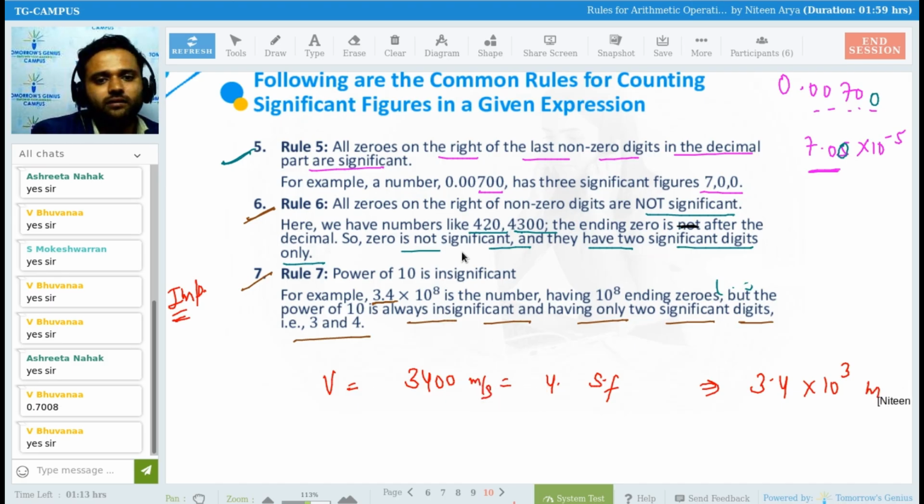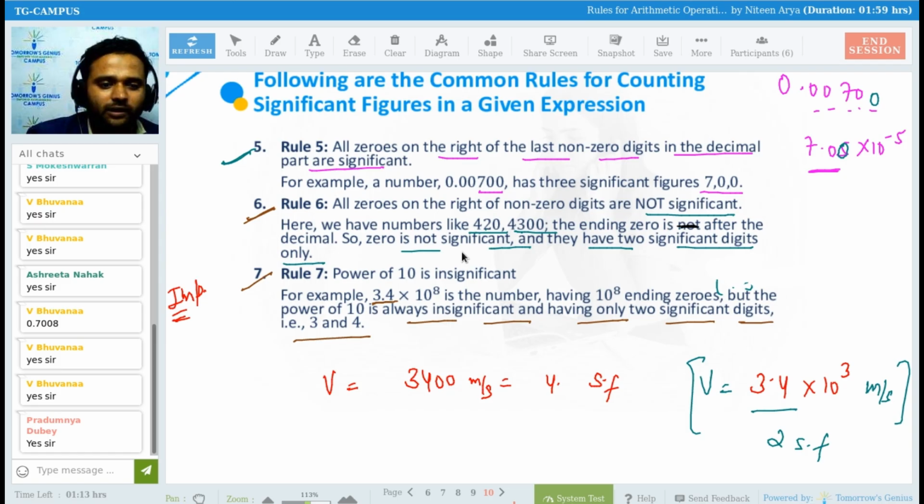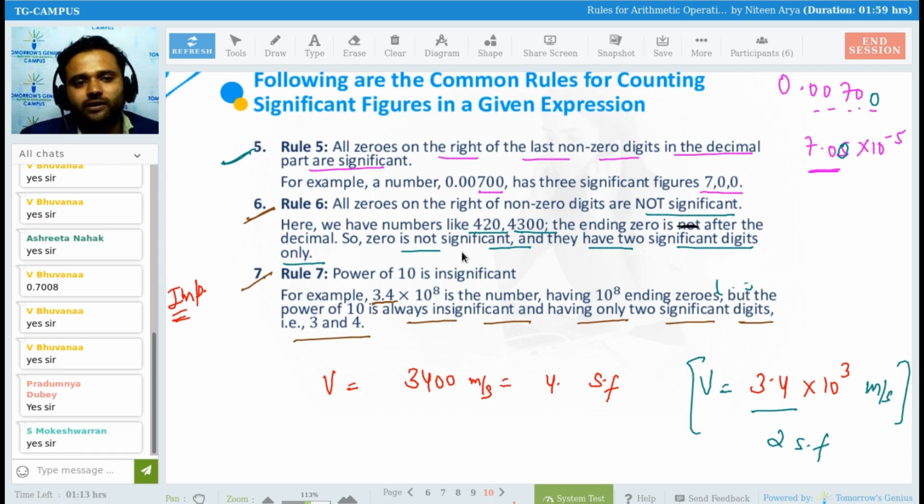Meter per second. Is this clear with everyone? So it has 2, it has 4. Clear everyone? Okay. So that is an exceptional rule, and that is an important one also. Exceptional means something different from the others.